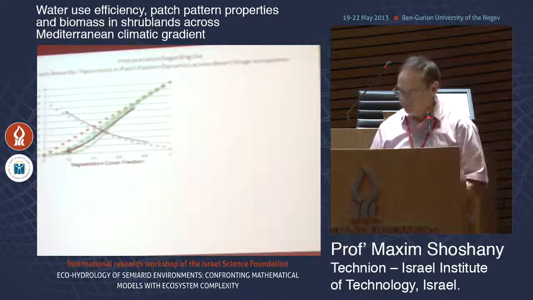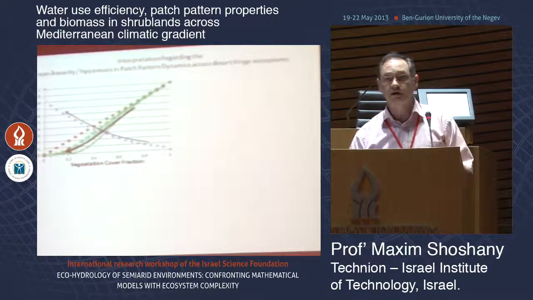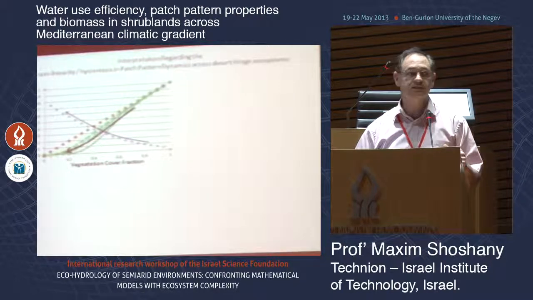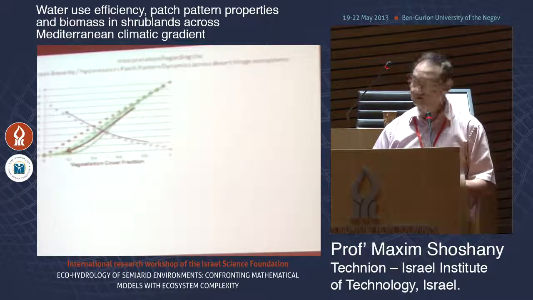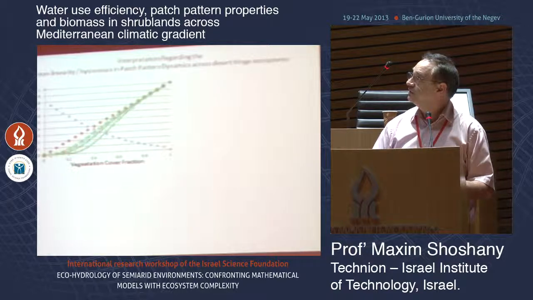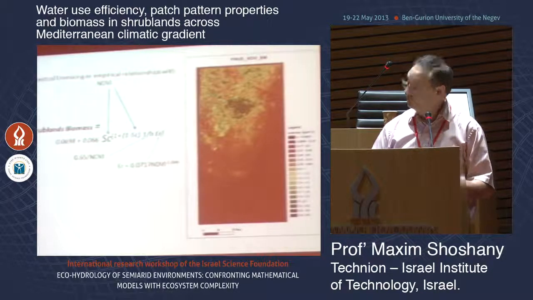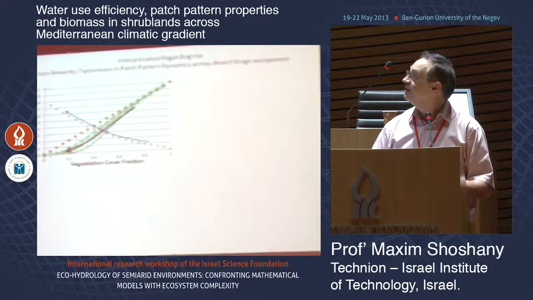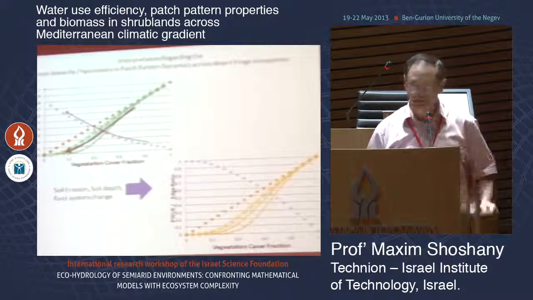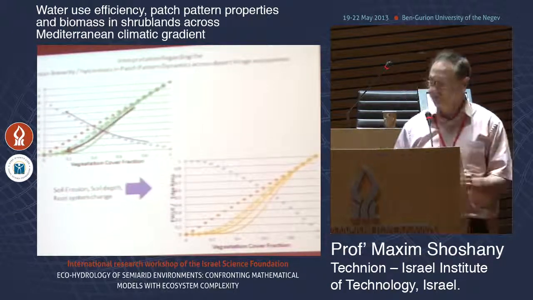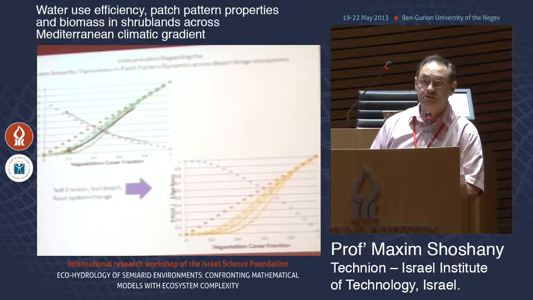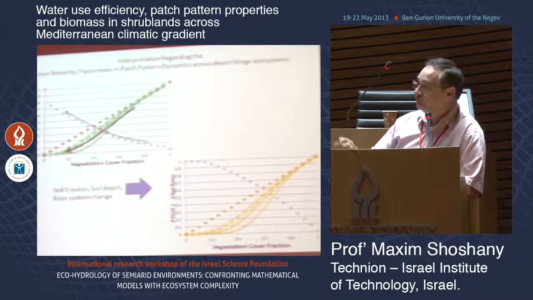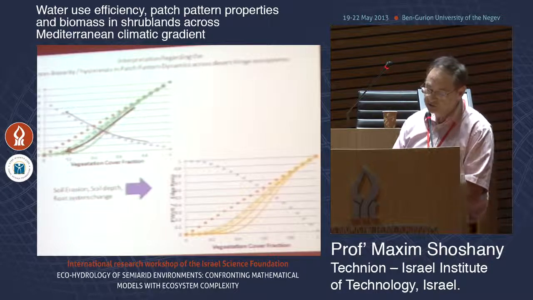Now it takes time between the destruction or the disturbance phase and the recovery phase. During that time we'll have soil erosion, changes in the soil depths, and in the infiltration and soil depth relationship.